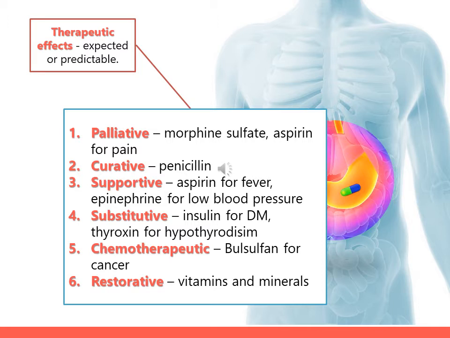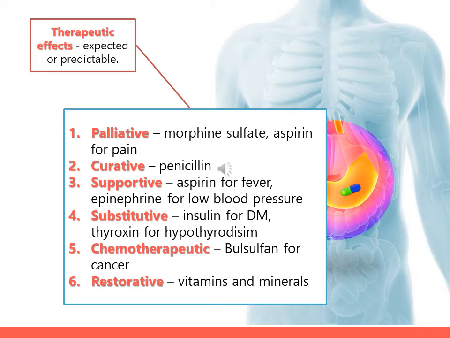And normally, when you give morphine sulfate and aspirin to the patient, these drugs cause reduction or relief of pain. And that effect is called palliative effect. Okay. There are also other effects such as curative. From the word itself, cure. Okay?